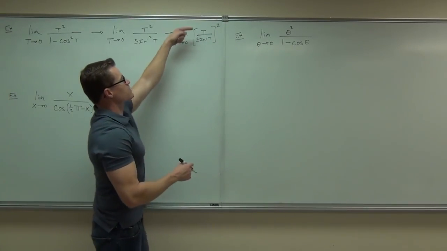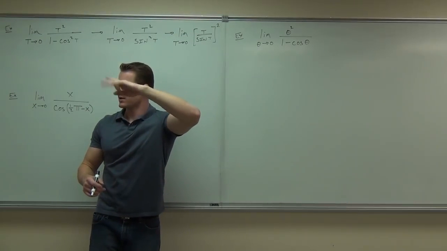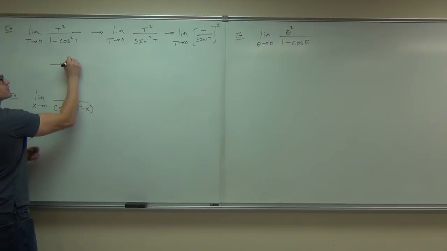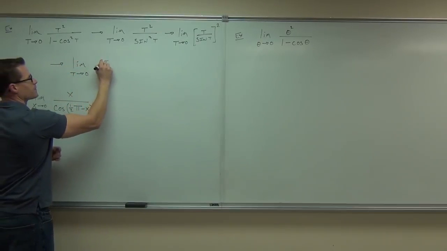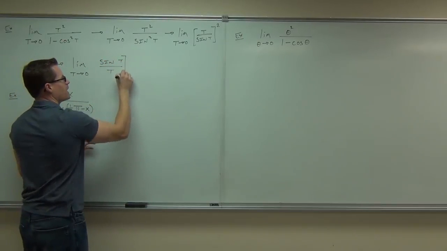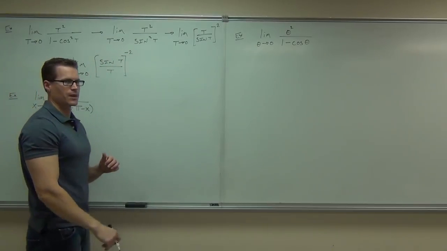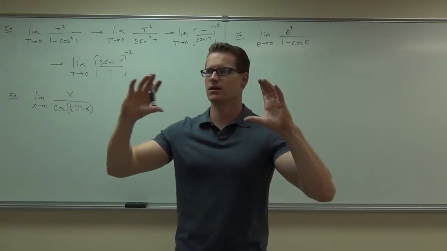Also, if I change the sign of that exponent, I can reciprocate my fraction. Do you follow that one? So why don't you just make it the limit as t approaches 0 of sine t over t. That's something we want. But now, since I reciprocated the fraction, I have it to the negative second power. What we can do with the negative second power is pull that exponent outside of our limit.